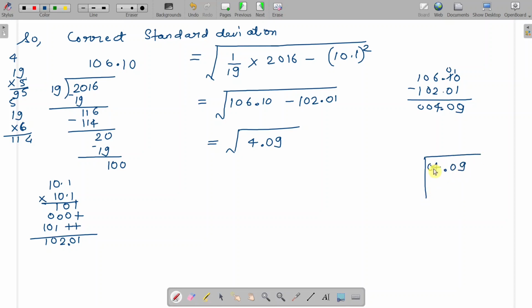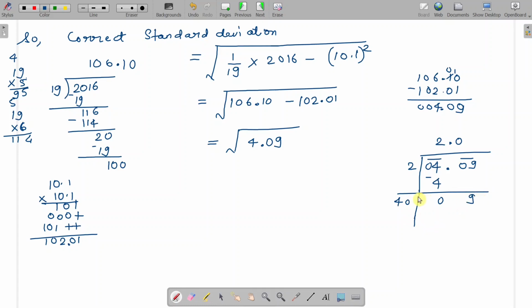So 2 digits we have to select, right? 4.09, so two digits we have to select. 2 2s are 4, right? Then 0 here, so point, right? Then again this 0 is there, and then 9 we can take down, that means 40 we will get. Okay, 40.